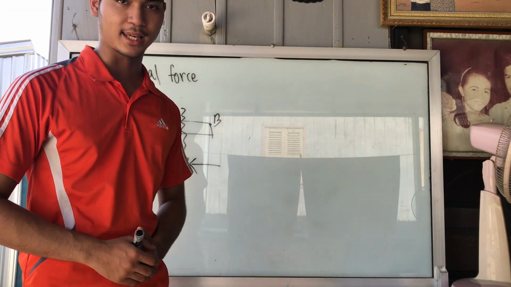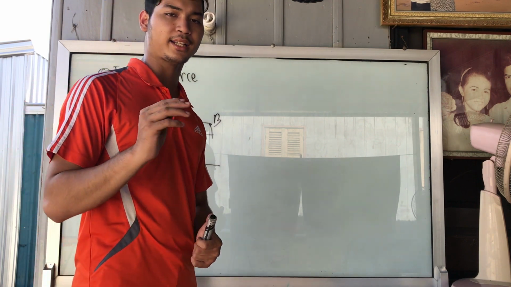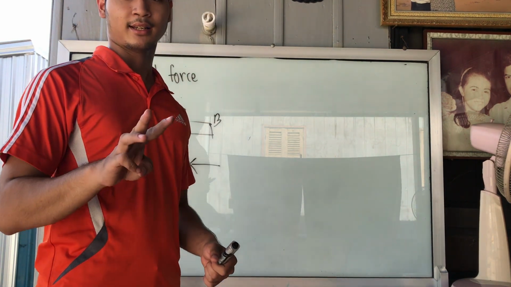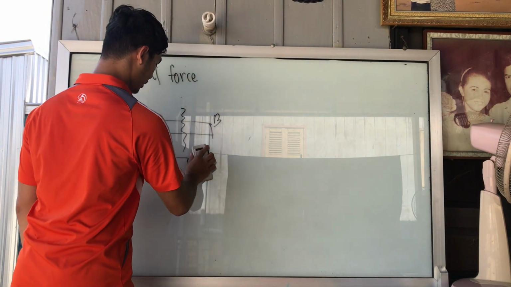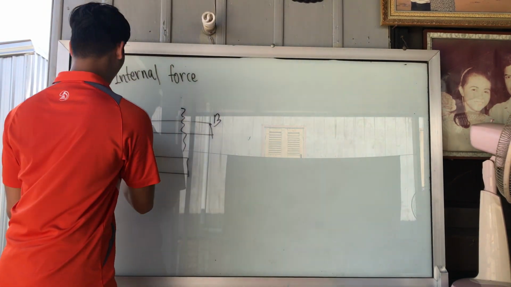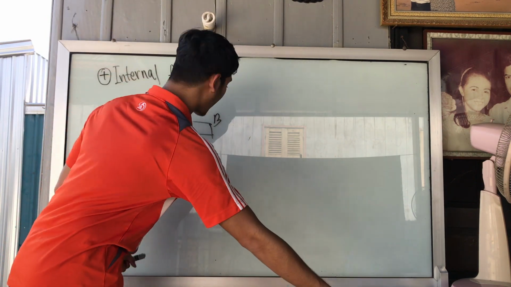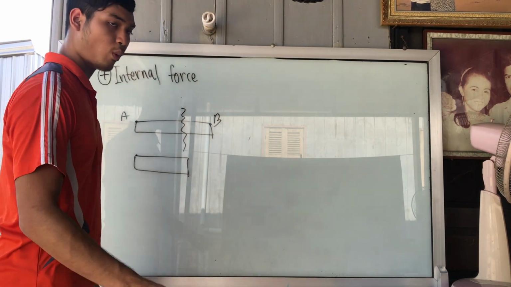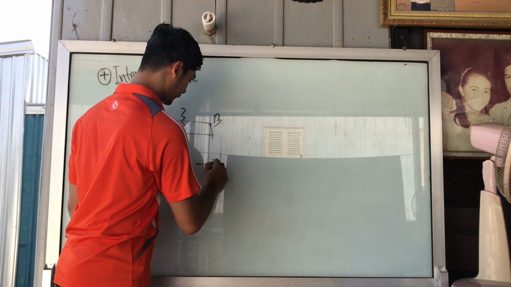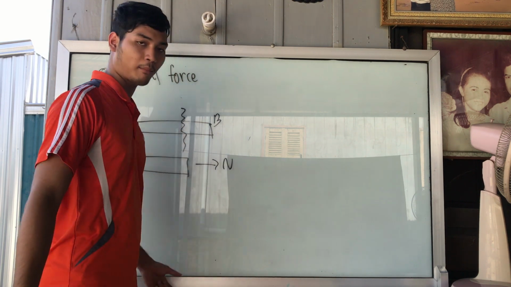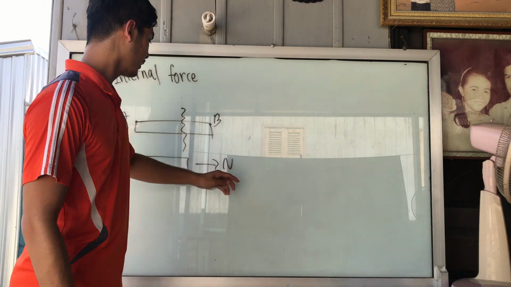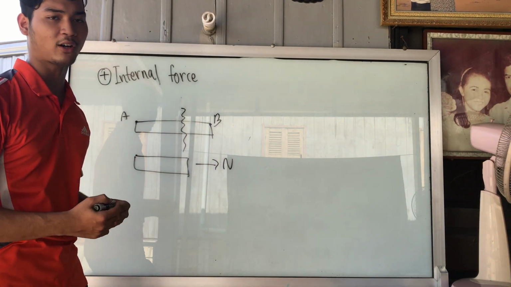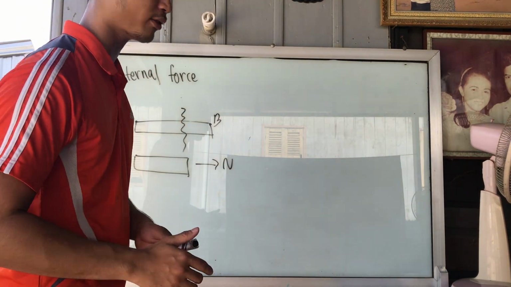So basically, internal force has three main forces. Okay, let me tell you again. If we cut it like this, one is normal force. Normal force, this direction is in tension, so it means a positive direction.